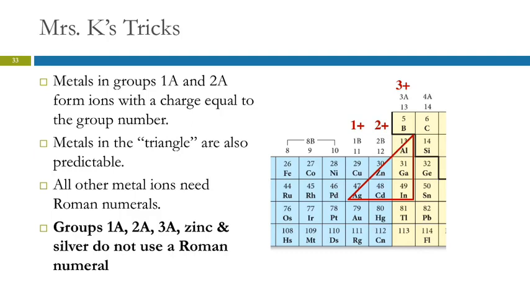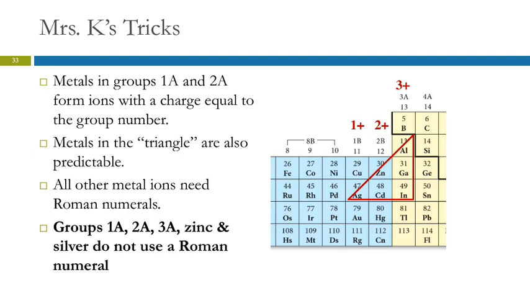So this is just a restatement of my kind of mantra about metals. Groups 1A, 2A, 3A, zinc, and silver. No Roman numeral. Because my oldest son, James Kawagoa, do we go around referring to him as James Kawagoa the First? No. Because there is no other James Kawagoa in the world.